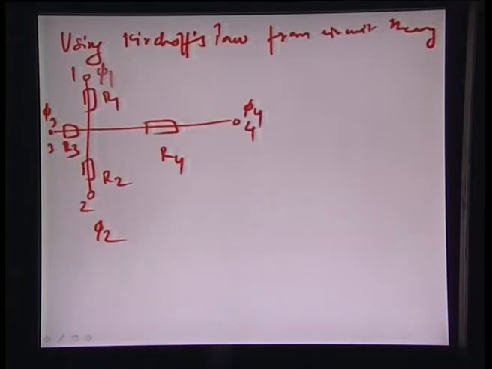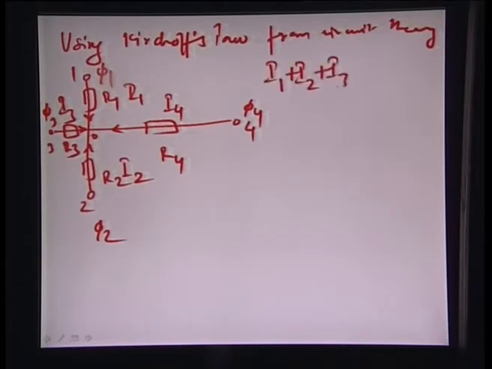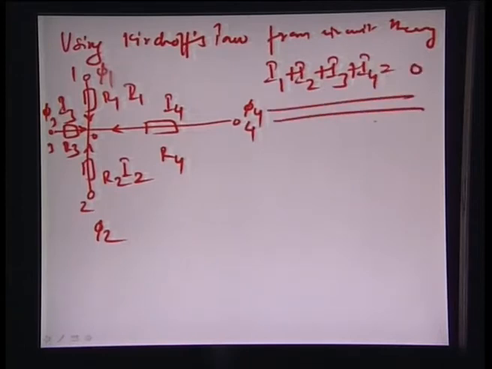So, if we assume that all these arms correspond to a current value of I1, I2, I3 and I4 notationally, and we also assume that all these currents are converging to this nodal point O, then essentially all these currents would sum to 0. That's what Kirchhoff's law is, right.